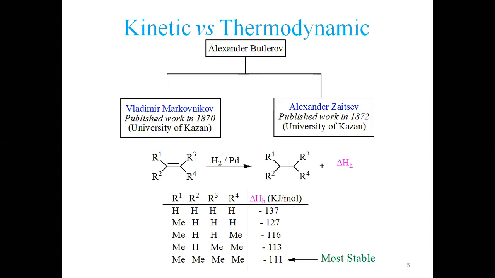So S shall be pronounced Z and Z shall be pronounced S in Russian and German, in fact. Again, a vowel followed by V shall be pronounced like F. So this is Alexander Zaitsev. This is Markovnikov.